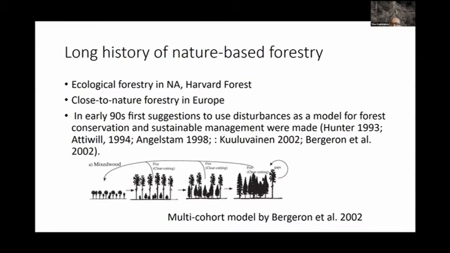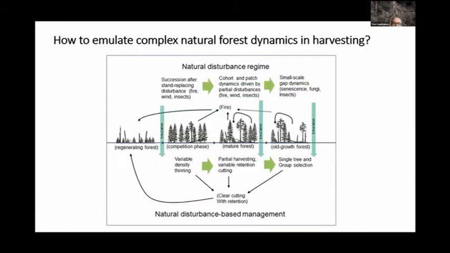One of them was the multi-cohort model suggested by Guy Bergeron and his colleagues after 2002. And I will actually use this multi-cohort model as a kind of starting point for my own approach here.